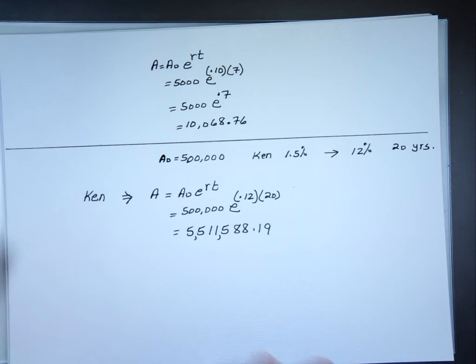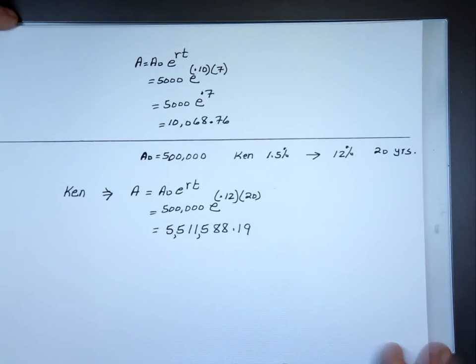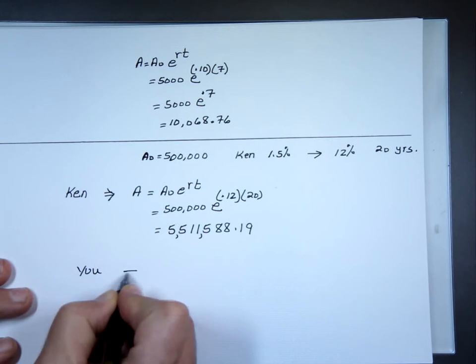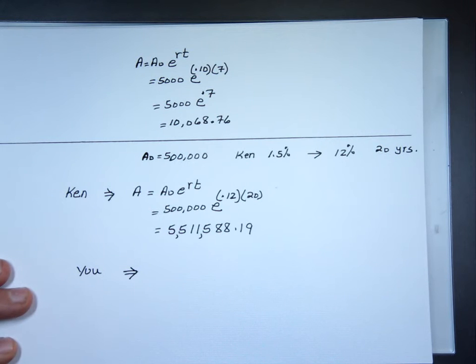Ken, I need that money back. Ken goes, oh yeah, you want it back? We can cash it. But remember what I told you, it's 1.5% I'm going to keep? I said, yes. So you're not going to get the 12%. You're going to get 10.5%.